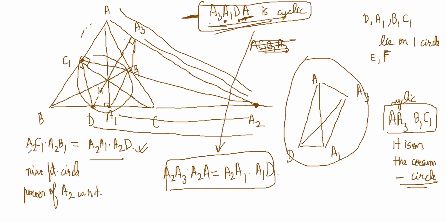Now, by the nine-point circle for A2, we are getting A2C1 into A2B1 is equal to A2A1 into A2D. So these two equalities mean what?